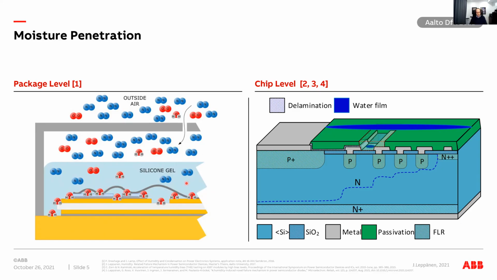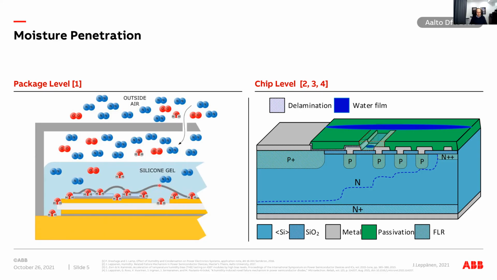And it is typically said that anything above 60% relative humidity is going to be problematic, because it is enough to build up the electrochemical cell when you have more than 3 monolayers of moisture on top of each other.